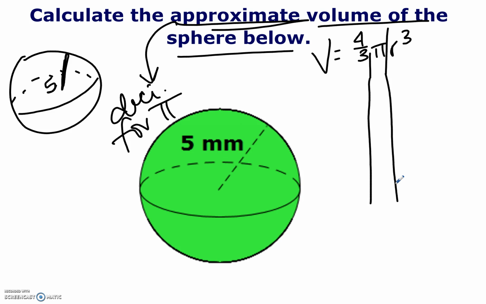So in your calculator, it's going to be 4 divided by 3, your pi button, so times the pi button, times radius is 5 times 5 times 5. So let me do the math.